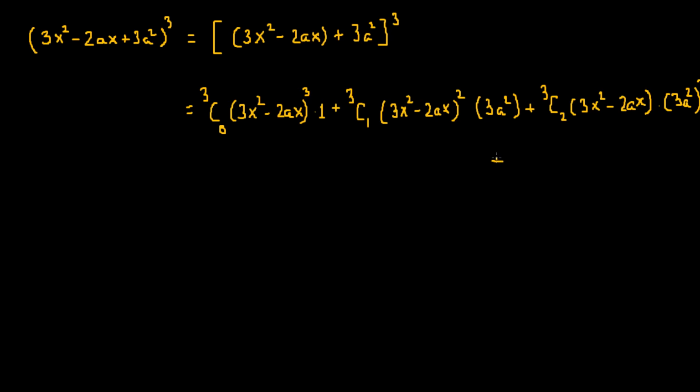And the final term is 3C3. So this is 1. This is (3x squared minus 2ax) raised to the power of 0 times (3a squared) raised to the power of 3.